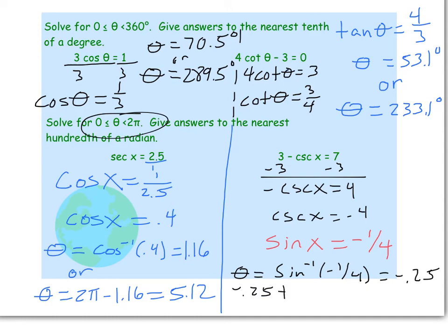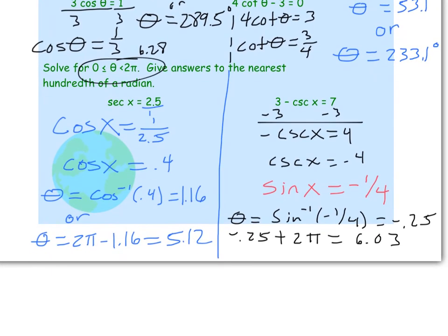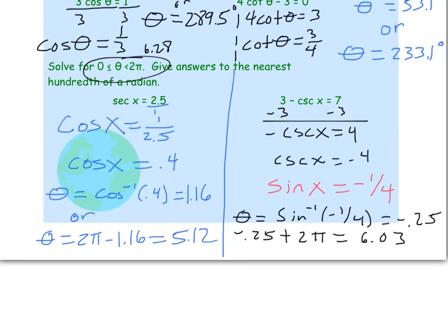If I take negative 0.25 and I add 2 pi, I'm still in the exact same position on the unit circle. But now I have a positive angle. Remember, 2 pi is about 6.28. 6.03 is in the interval that I'm looking for. That is solution number 1, 6.03 radians. Okay?